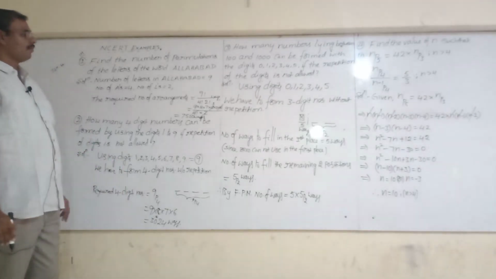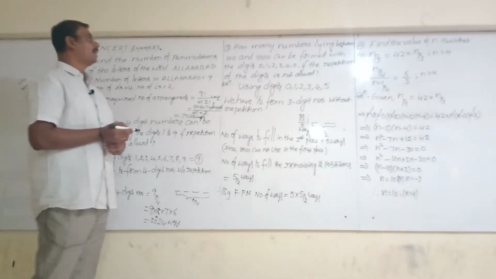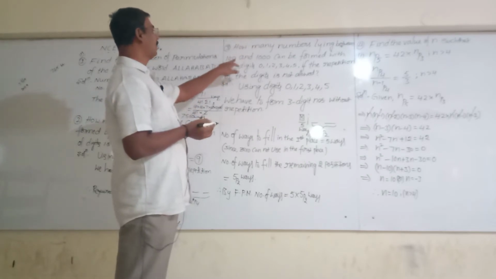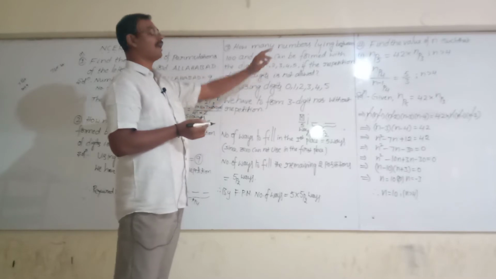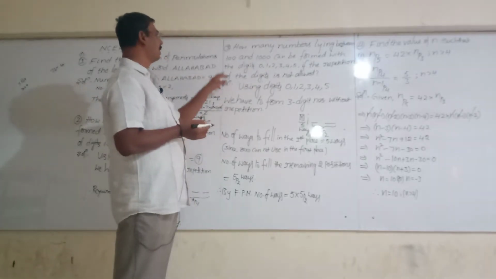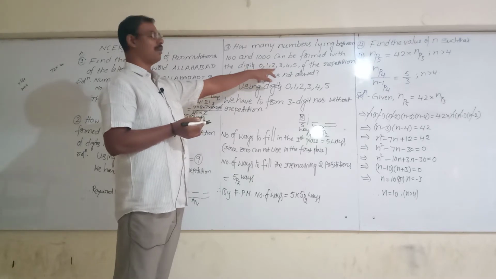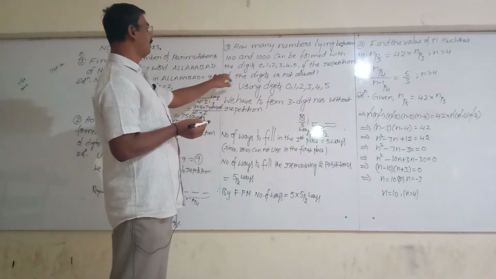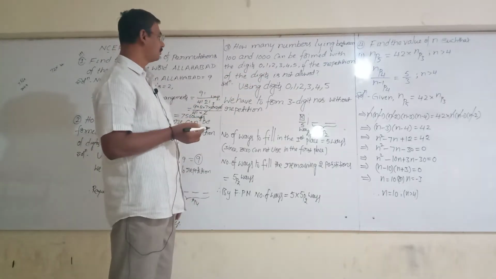Next, I am going to question number 3: How many numbers lying between 100 and 1000 can be formed with the digits 0, 1, 2, 3, 4, 5 if the repetition of the digits is not allowed?